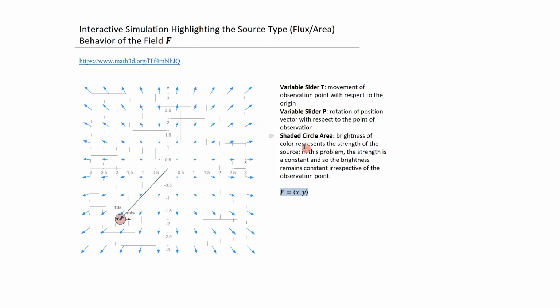The flux divided by area, or flux for that matter, were independent of position, where we placed this dot on the xy plane. And therefore, if you move this around, you'll see that this color never changes. And so that tells you that at this location there appears to be a source, and the magnitude of that source is independent of where you position that little circle on the xy plane.